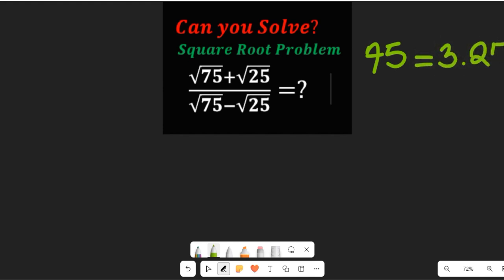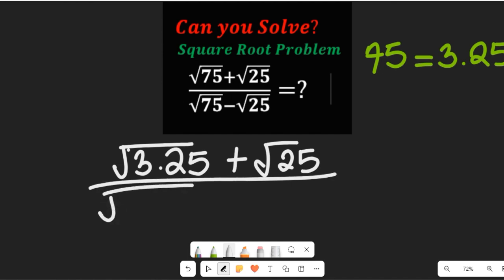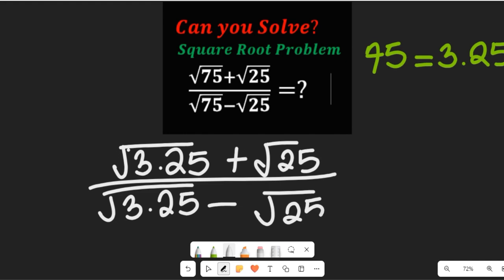So we can reduce this to become the square root of 3 multiplied by 25, plus the square root of 25, and all these divided by the square root of 3 multiplied by 25, minus the square root of 25. So this can be reduced to this.